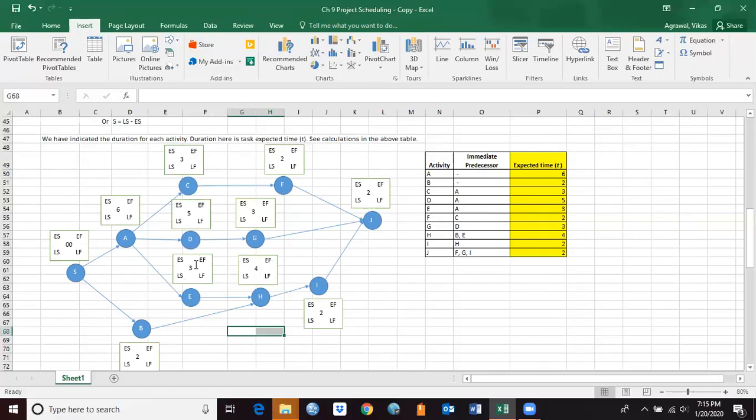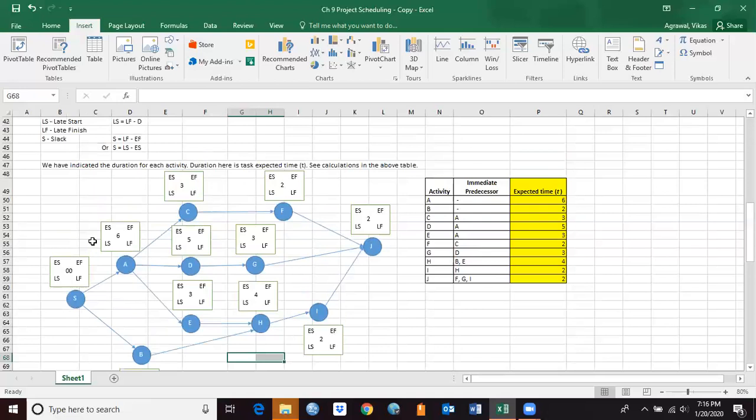Once we have completed the network diagram, which basically goes from left to right, and we have noted down all the durations, now we can go ahead and perform the calculation using our algorithm that will help us find the project duration or the project completion time. So here is how it goes.